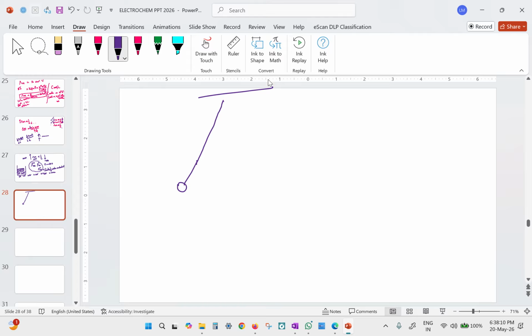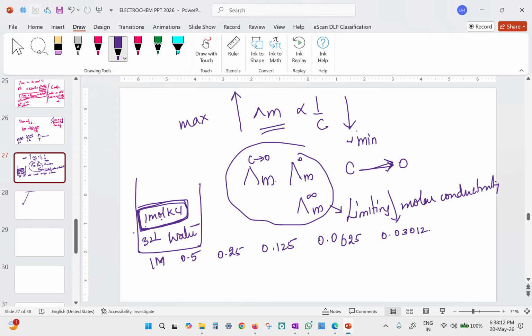Same way, when the concentration has been infinitely diluted, you keep adding water to the solution, the concentration will keep on decreasing, decreasing, decreasing. When the solution has been infinitely diluted, the lambda m will be the maximum possible value.